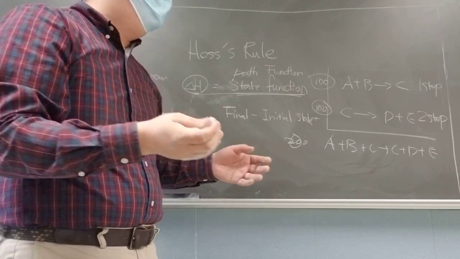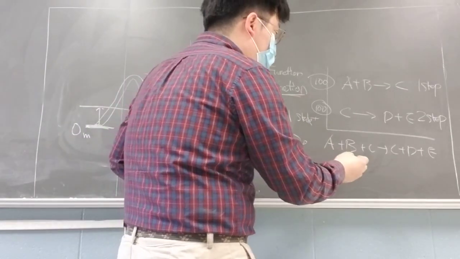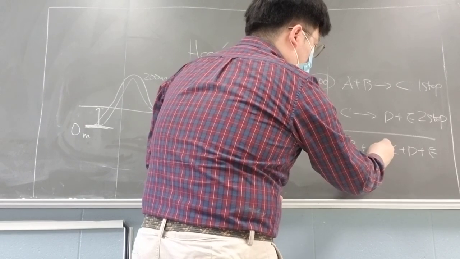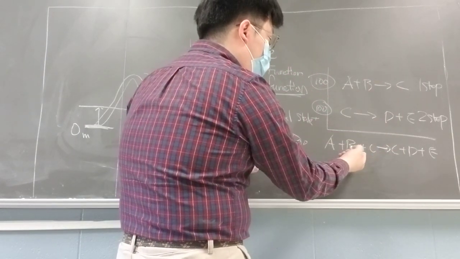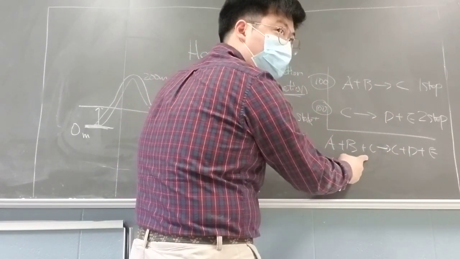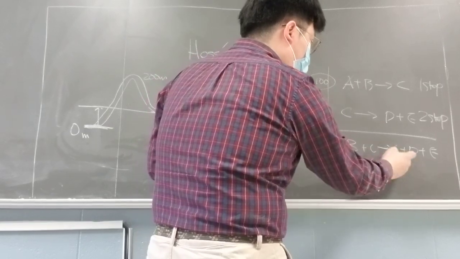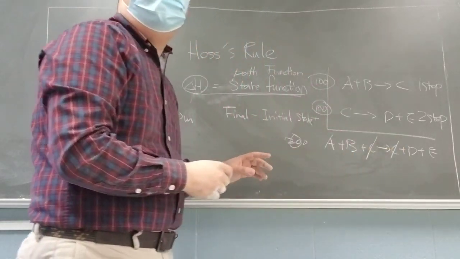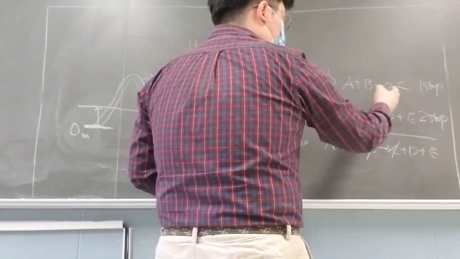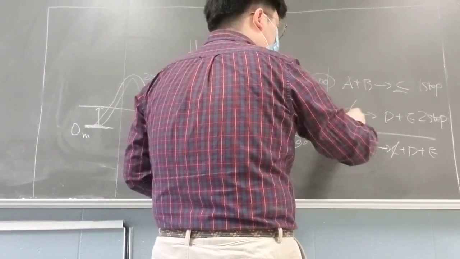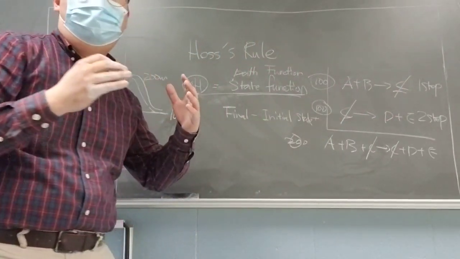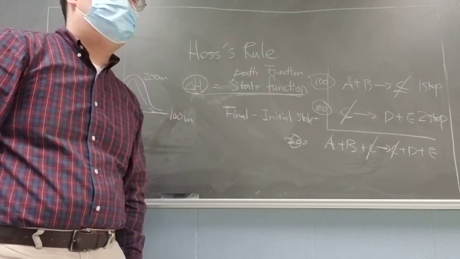And then there's another thing I want you to remember: in this way, if you see the same compounds on the left and right, you can cancel. This is what we call a reaction intermediate, and it can be canceled. It can be abbreviated in your final equation.